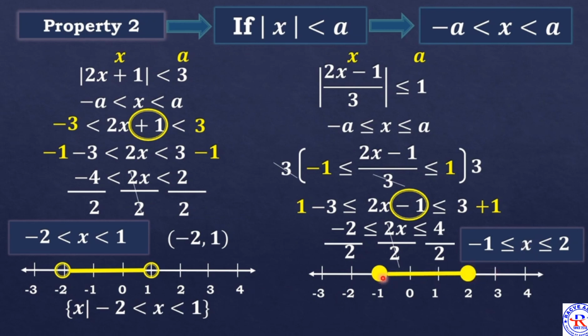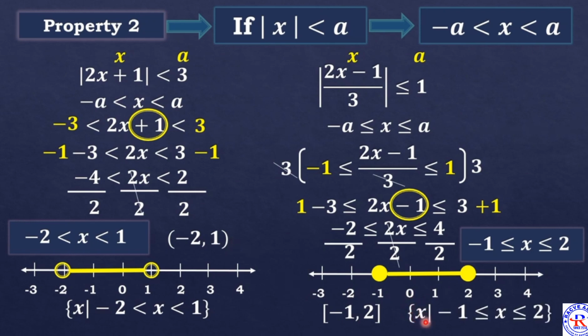So, kapag ginawa natin siya ng set notation, we have negative 1 to 2. Bracket siya pareho kasi pareho siyang shaded, pareho siyang part of the solution. So, brackets po ang gagamitin natin ha, unlike this, na parehong parenthesis. Or you can make use of this.